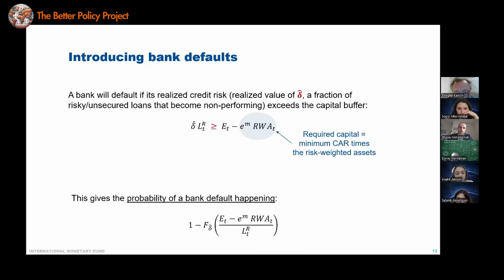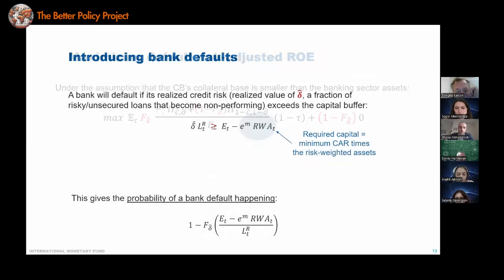Depending on the realization of delta hat, because of that realization of credit risk, for some realizations banks will run out of equity or their equity will fall below the required minimum, and at that point we assume that banks default, or the central bank steps in and changes the management, some heavy supervisory action.